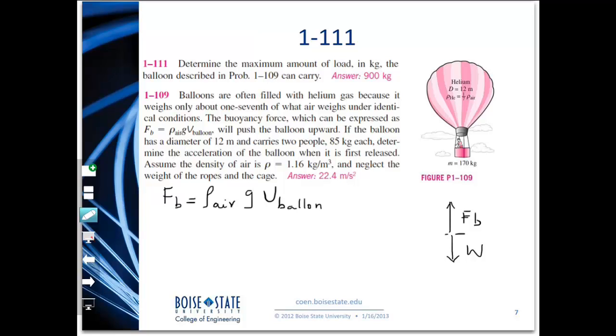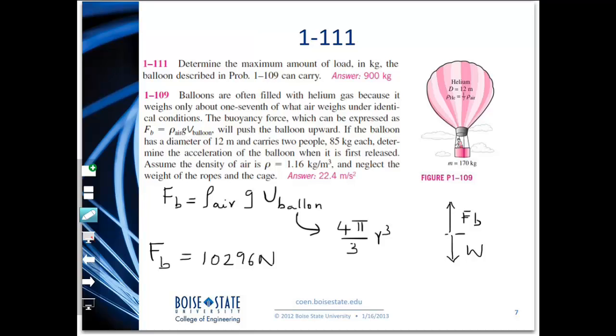And if it is a sphere, which is a good approximation, the volume of the balloon will be 4 pi over 3 r cubed. So you know everything here. You can compute the volume of the balloon. You know the density, you know the acceleration due to gravity. So just be consistent with the units. You'll get the buoyancy force to be 10,296 newtons, okay, which is Fb.